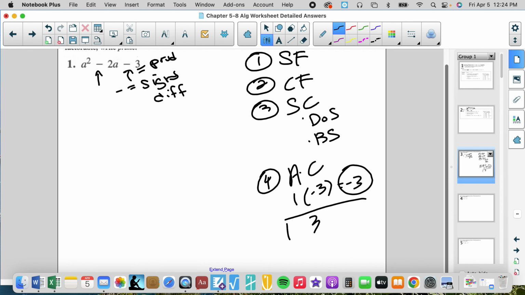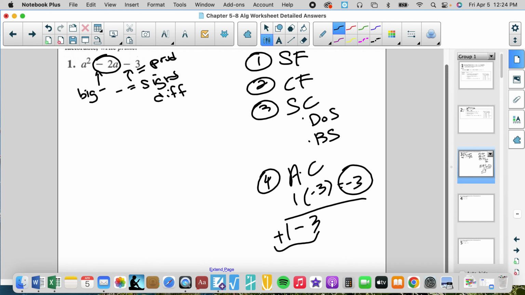Now, we're going to look here, and this time this tells us that the bigger is negative. The bigger of the two factors, we have 1 and 3, the bigger one is 3, so that's going to get that sign. Because remember, this is our outside and inside. When we combine our outside and inside, we have an excess of negative. So our outside and inside are going to be opposite signs.